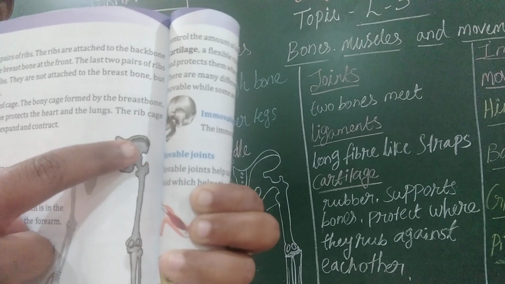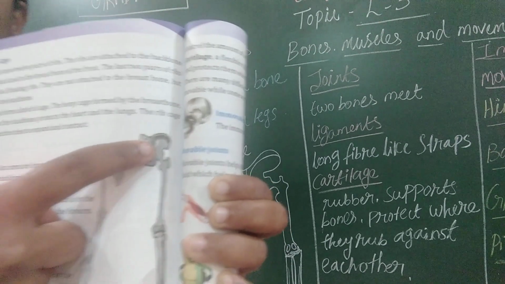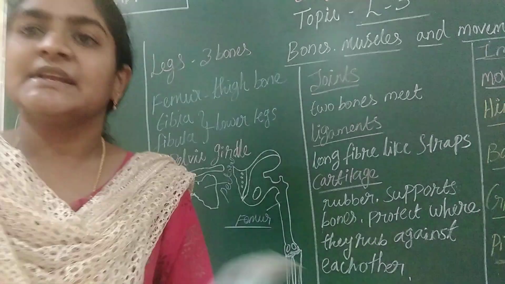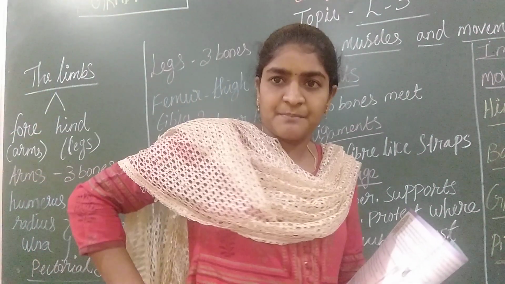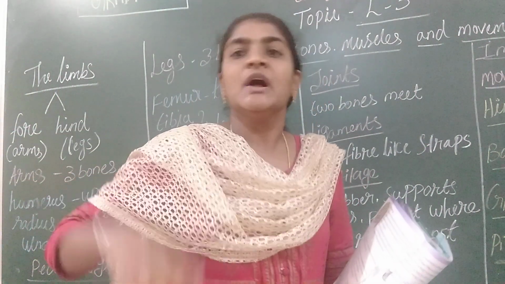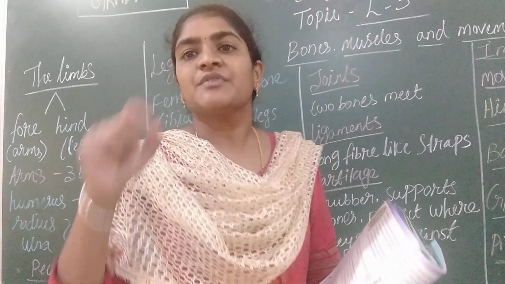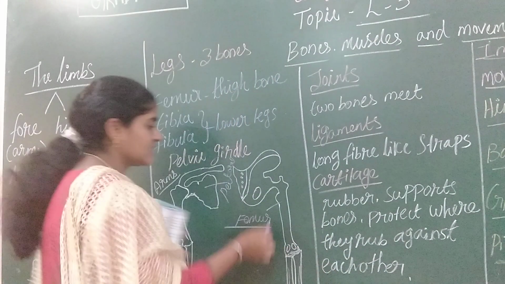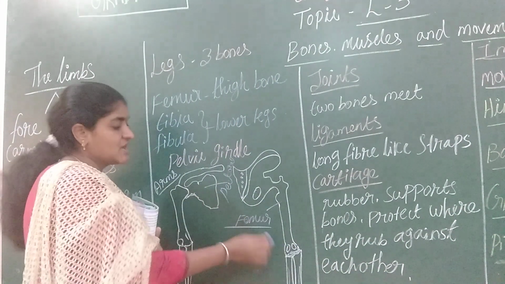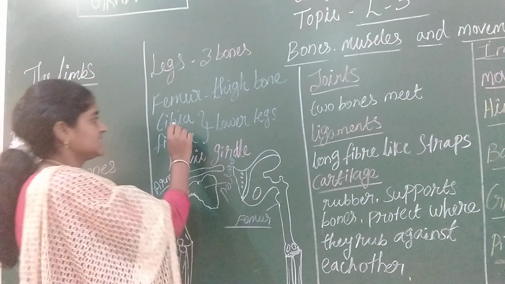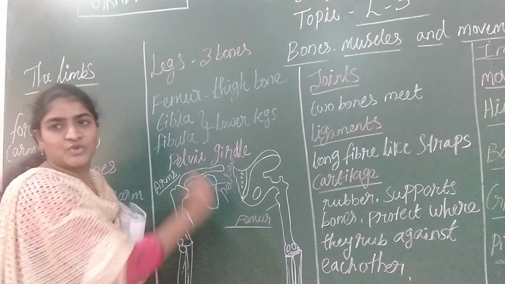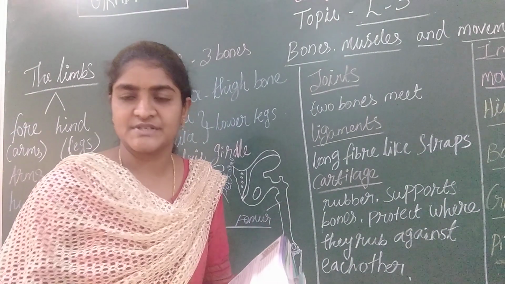You can touch and feel this pelvic girdle in the hip region. From the pelvic girdle, the femur bone gets attached. Next we can see the tibia and fibula, the lower leg bones.